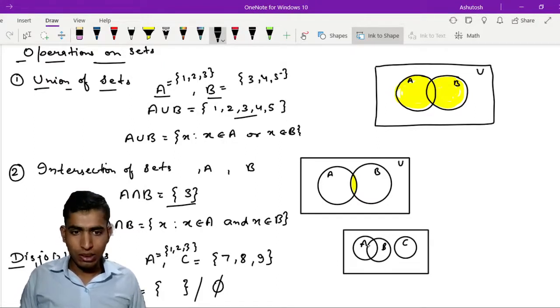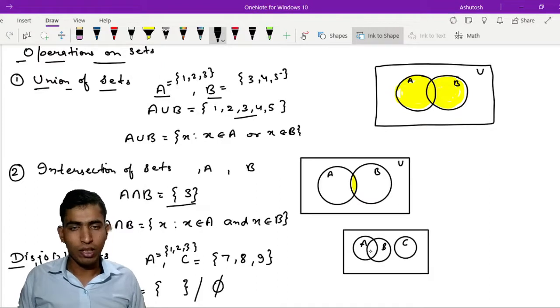And this region represents A intersection B.